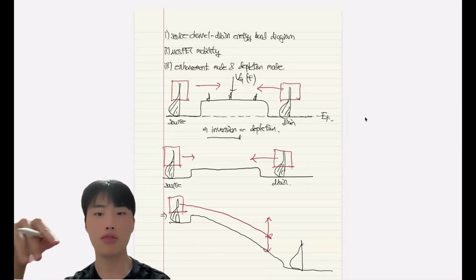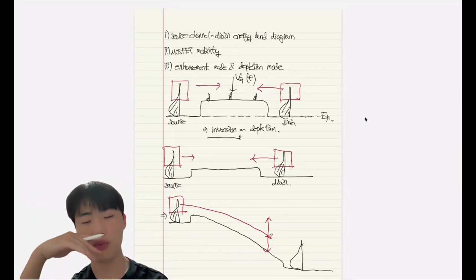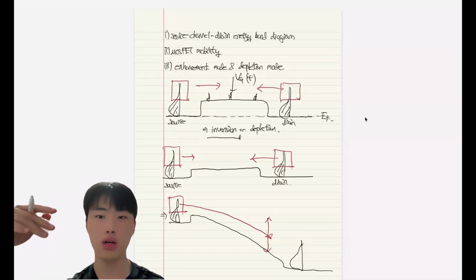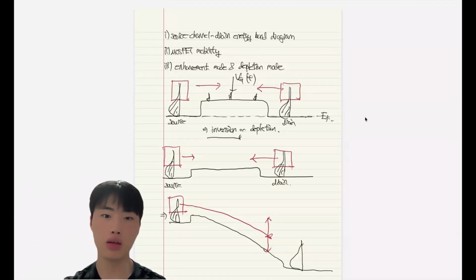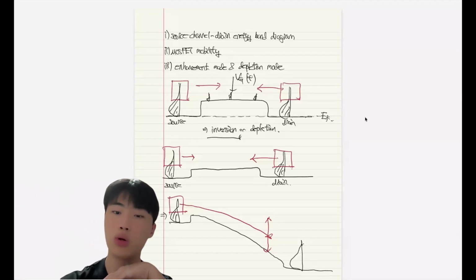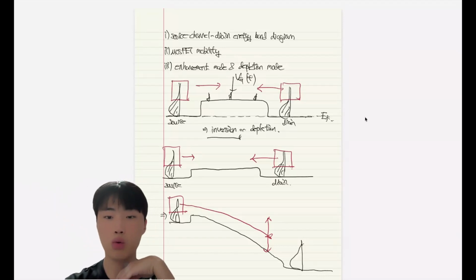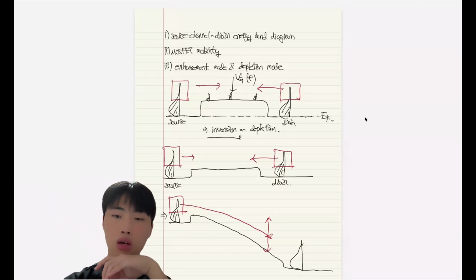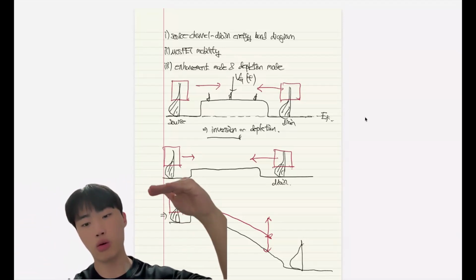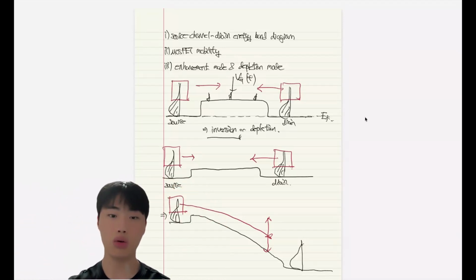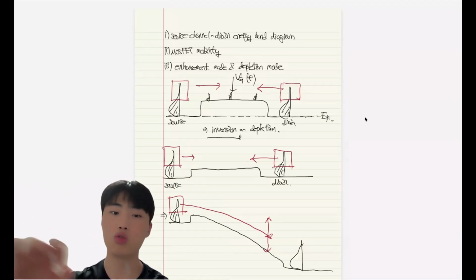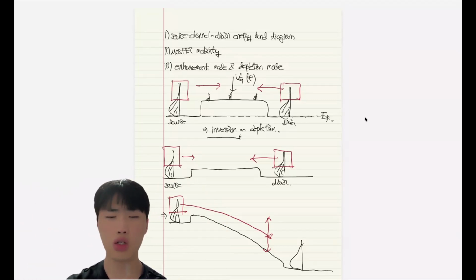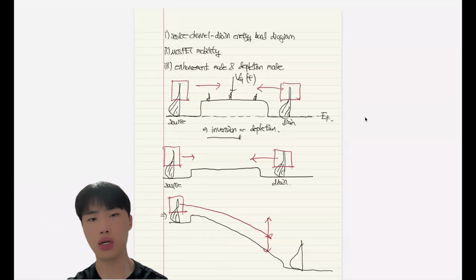But when we have no drain bias on the MOSFET, the net charge will be zero. When we have some drain bias on the MOSFET, the energy band diagram will be bent, so the current can flow from drain to source in NMOS. The PMOS will be the opposite.